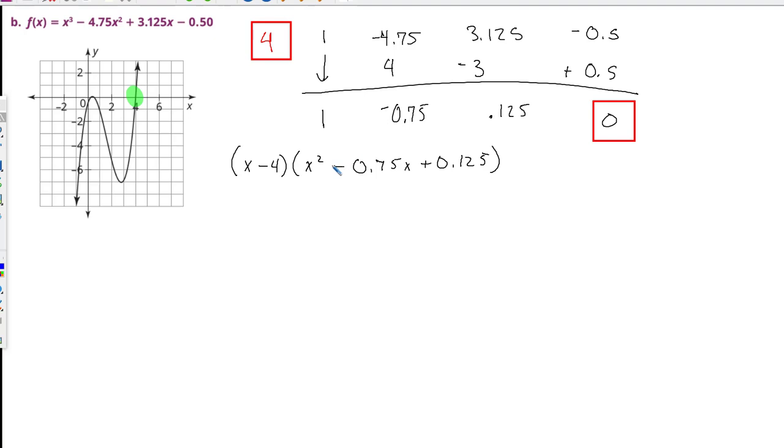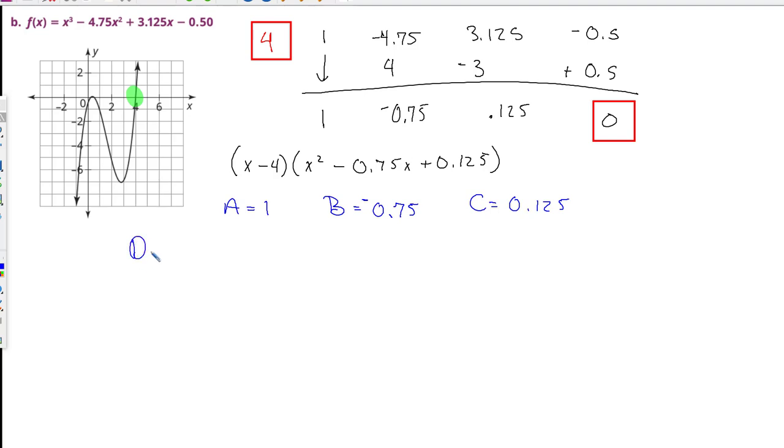It's really up to you which route you would like to go. Because of the complexity of this, I think a lot of y'all are going to want to go with the quadratic formula. So let's go ahead and go that route. A is equal to 1, B is equal to negative 75 hundredths, and C is equal to a positive 125 thousandths.